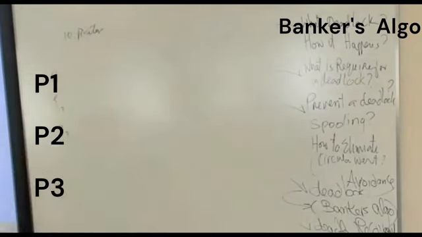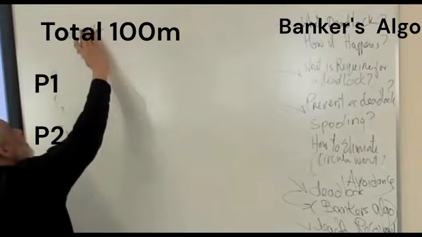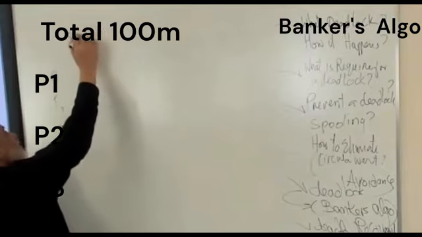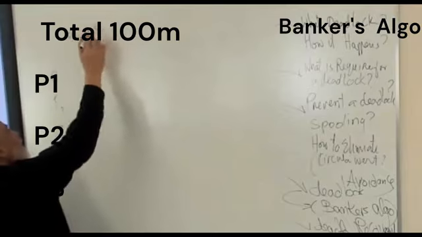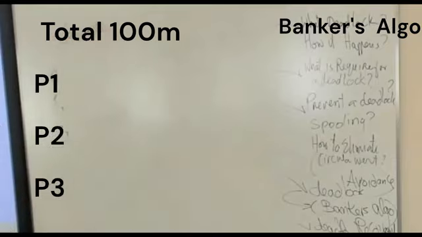Or shall we use the money example first? Yeah, let's use the bank first. Let's say a bank has 100 million euros.